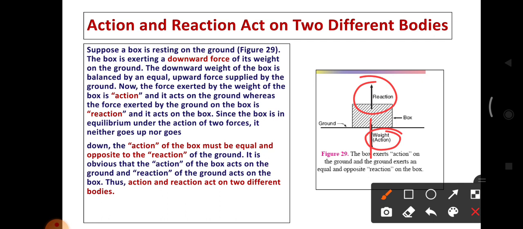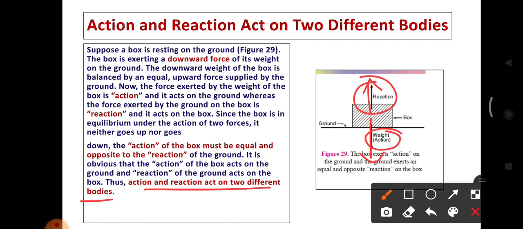The action of the box must be equal and opposite to the reaction of the ground. So from this we can conclude that the action of the box acts on the ground, the reaction of the ground acts on the box. So action and reaction act on two different bodies, not a single body.